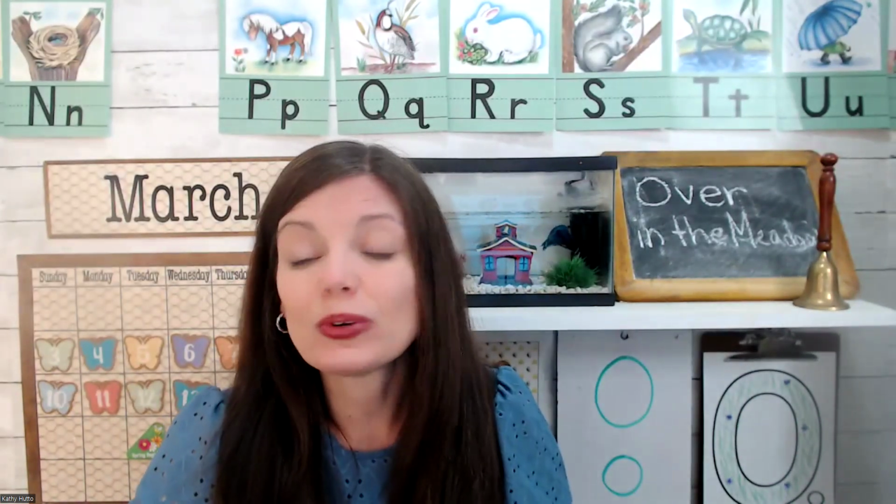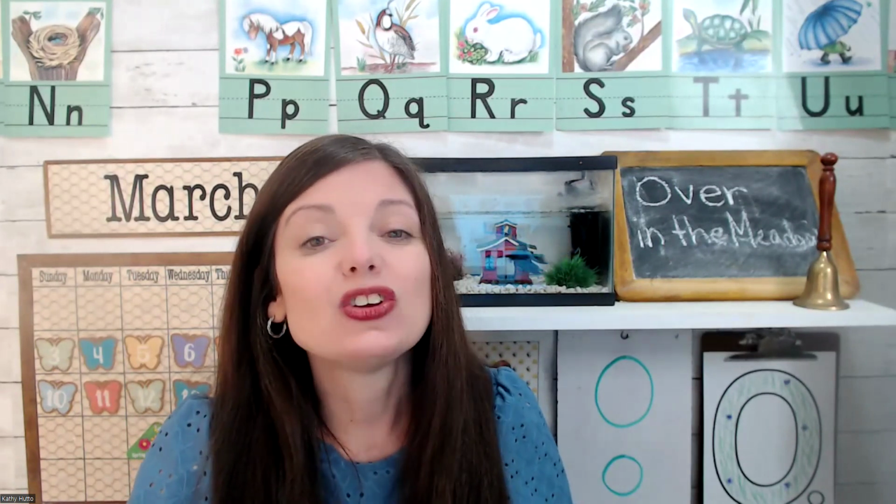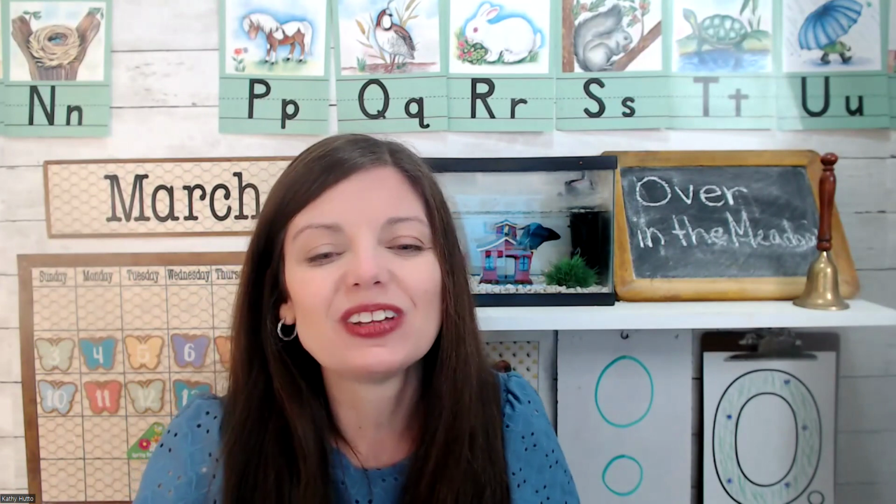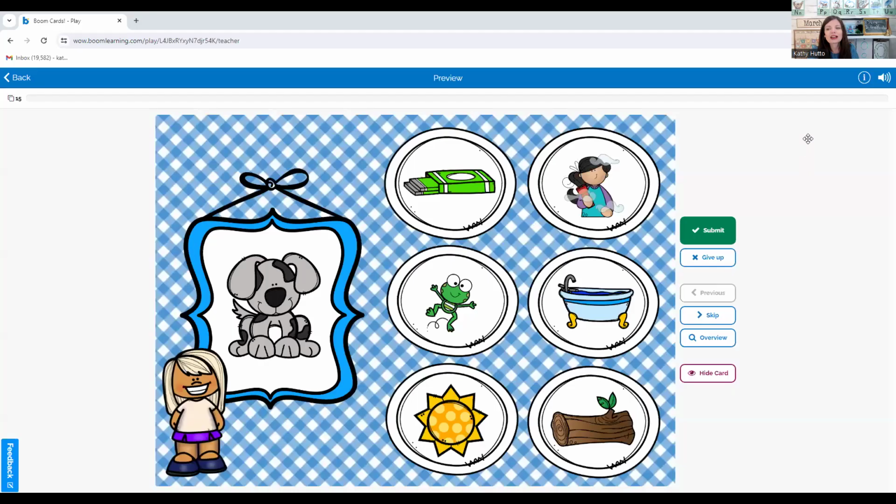And now for our reading time, we're going to be talking about rhyming words today. You can also practice your sight words if you'd like to. But for our class time together here, we're going to be talking about words that sound the same at the end. We call those rhyming words. This is a picture of a dog.